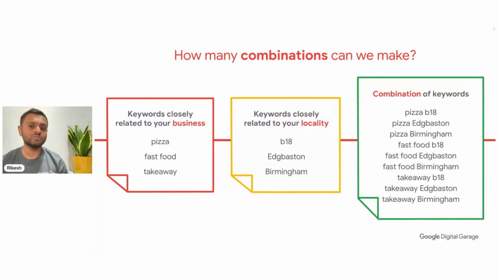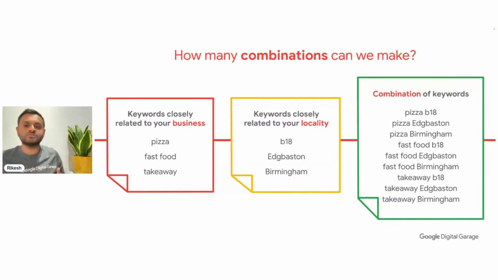The reason why it's important to make some of these combinations, so we get the likes of pizza Edgbaston or fast food Birmingham, for example, is because we can be more specific. If you're looking to be found for the likes of pizza, the chances are there's a lot of competition from other businesses looking to be found for just that word pizza.